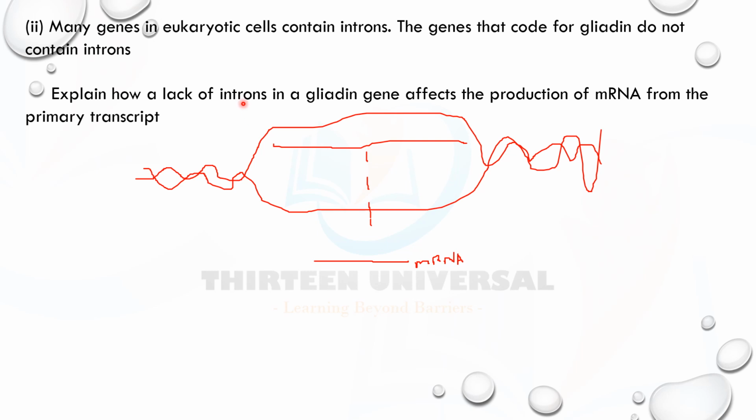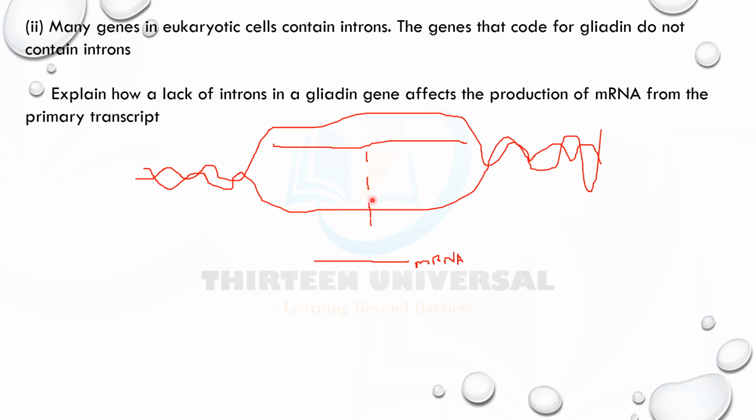Exons are not joined. So if introns are not removed and exons are not joined, that means our primary transcript codes for the same sequence as the messenger RNA. So the primary transcript, this first one, and the messenger RNA will be the same.